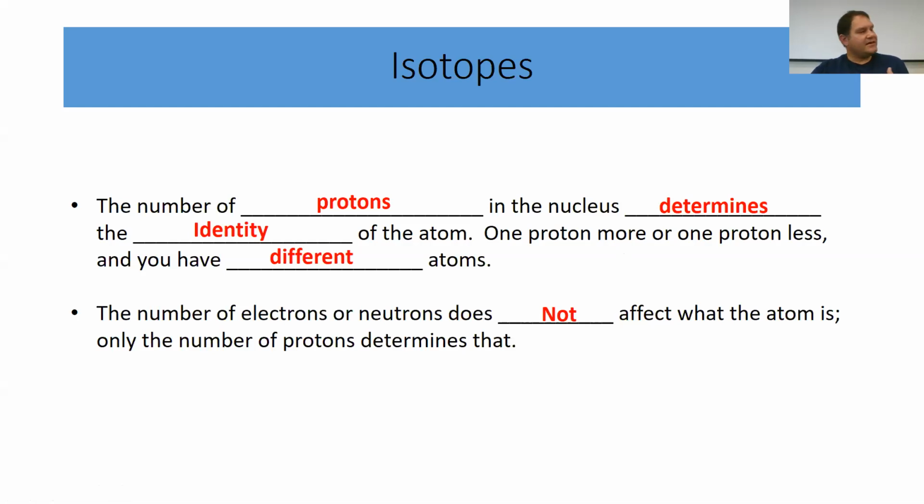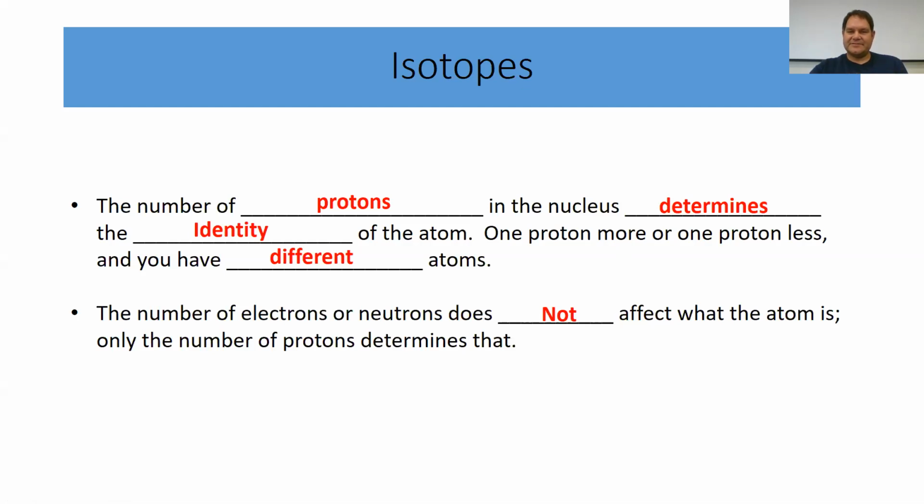For instance, if you have a carbon atom, which has 6 protons, and you add 1 more proton, now it has 7 protons, it's no longer carbon, it becomes a nitrogen atom.